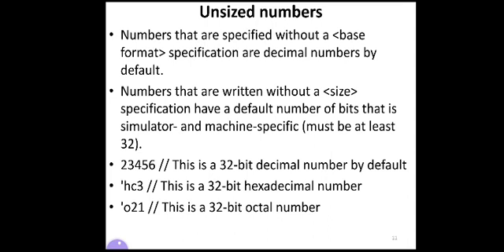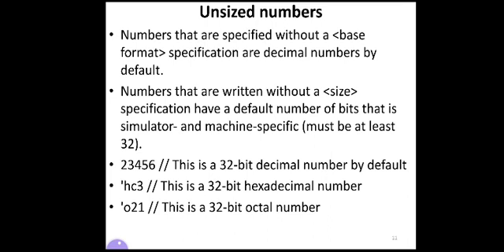For example, 23456. 23456 is a decimal number by default, because the size is not specified and the base format is also not specified. When the base format is not specified, by default it is a decimal number, and even though the number is of fewer bits, it is going to occupy 32 bits in memory.